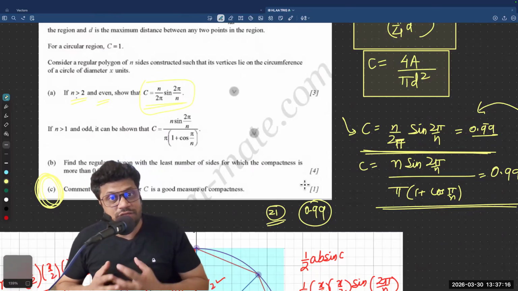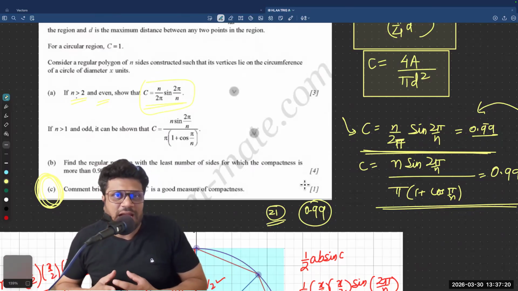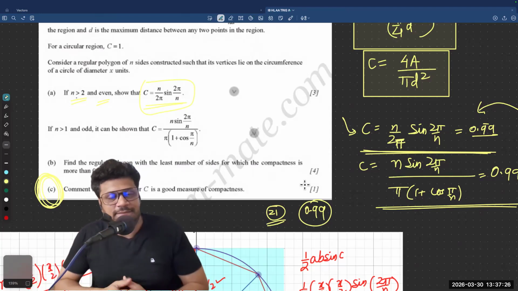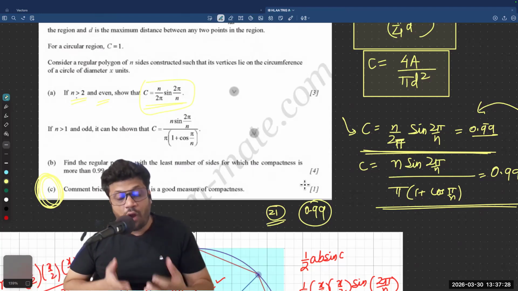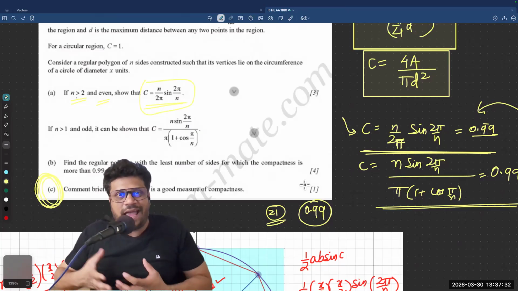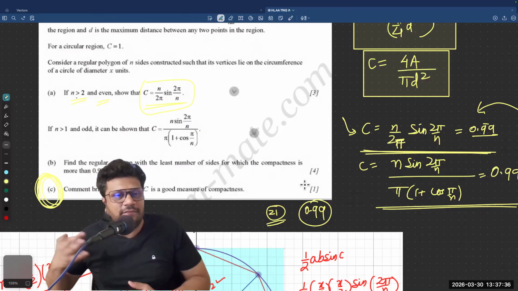So if I try to use this formula for compactness, I'll not be able to differentiate between the compactness of the polygons which have more than 21 sides, because from 21 onwards I'm going to reach any value which is larger than 0.99 and lesser than 1, of course.